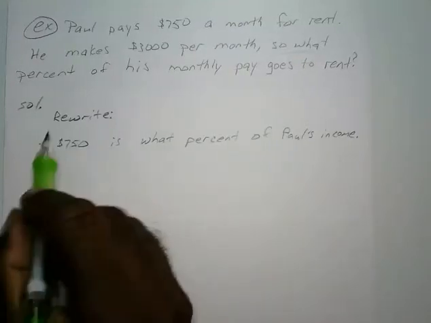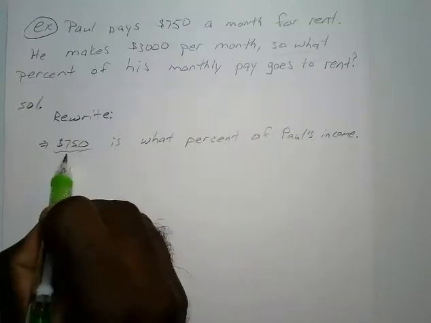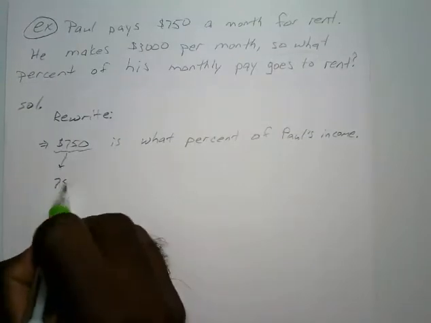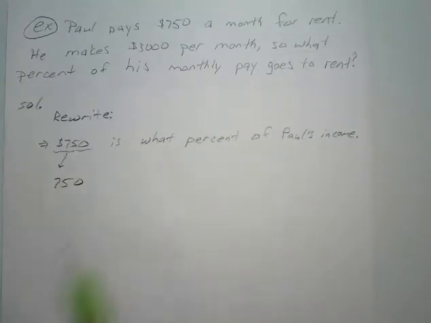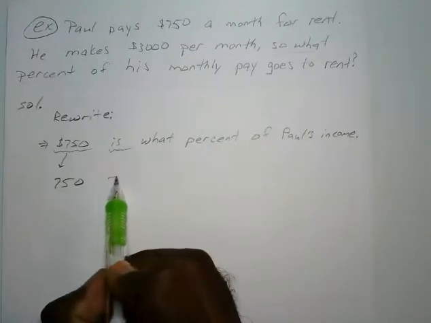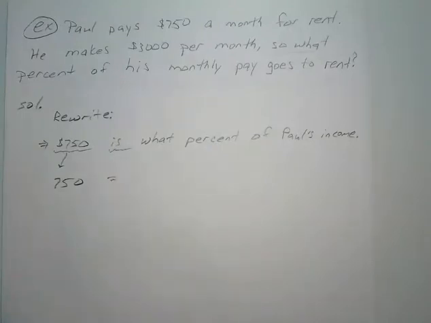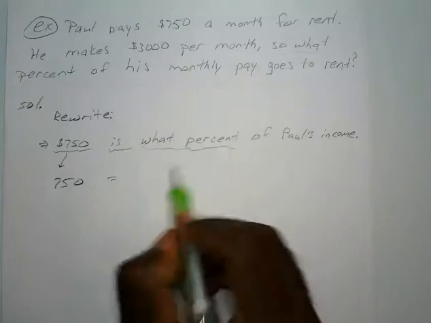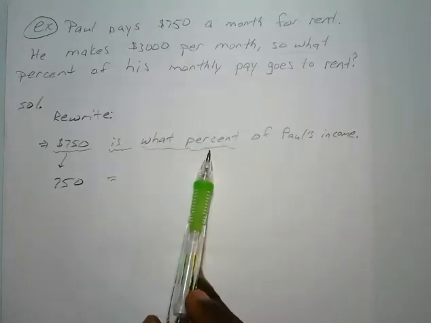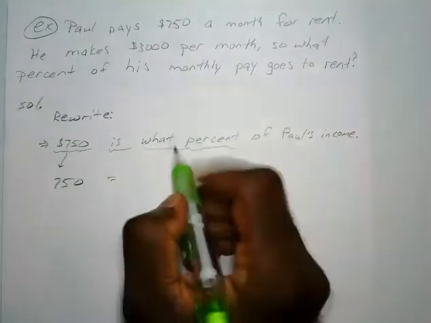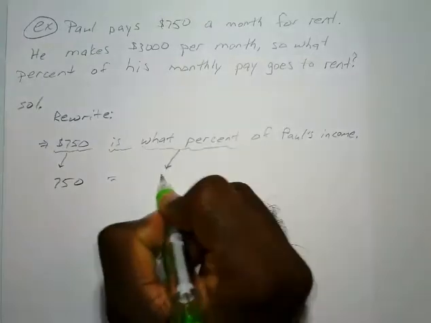Okay, so it means that our 750 is just that, 750. Our "is" is equal to what percent. Remember, whenever you see what percent, you're going to convert that final answer to a percent.